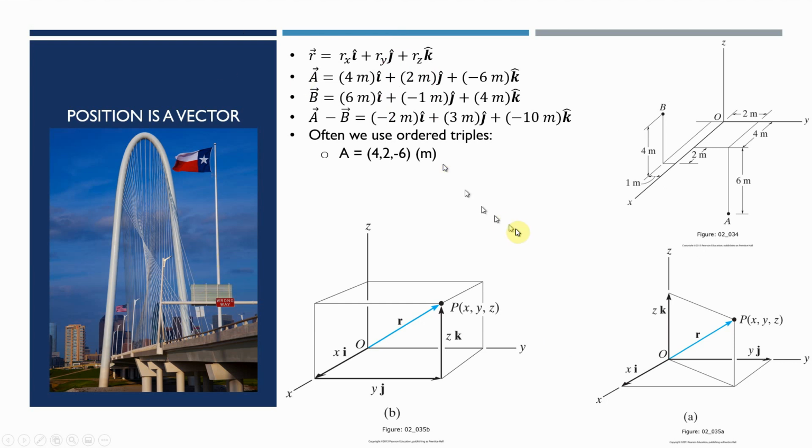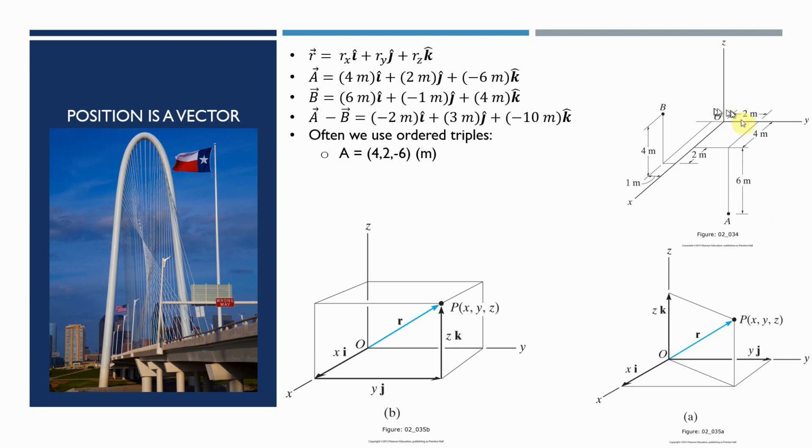Here's an example. So position is a vector also. And this diagram tells us the position of point A and point B. So we look at A being how far in the x direction do we have to go? Well, we have to go 4 meters in the x direction, and then 2 meters in the y direction, and then down 6 meters, negative 6 meters in the k direction.